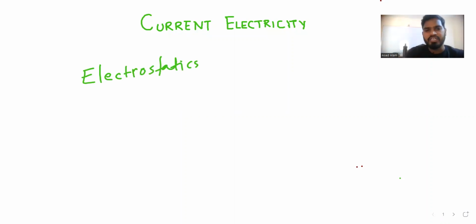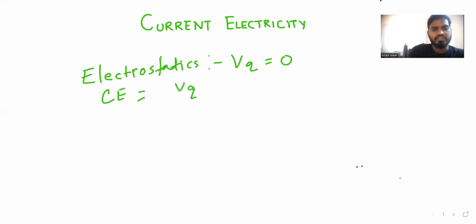If you see electrostatics, the velocity of the charge is 0. That is what we learned. The whole first two chapters are electrostatics, where the velocity of the charge is 0. Next we are going to do current electricity, where the velocity of the charge is constant.